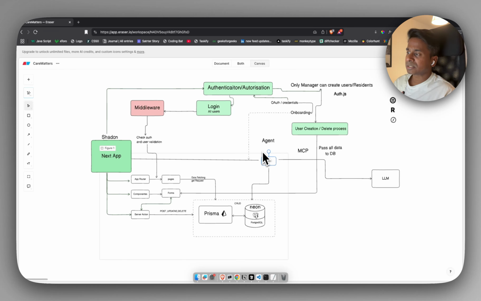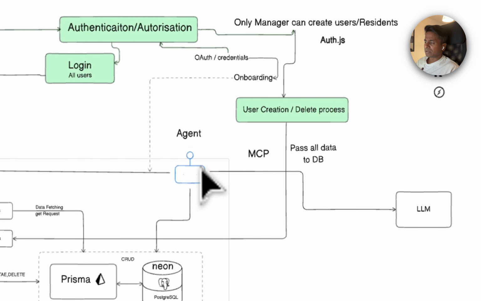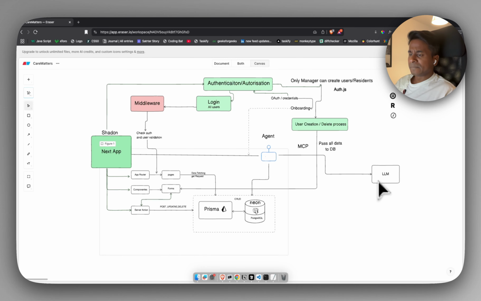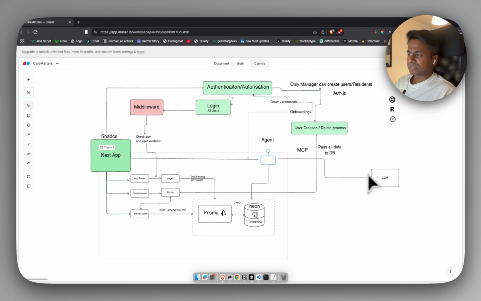With all this information, it is easy for the agent to predict any kind of sickness or fall prediction. We are using the MCP protocol to connect with the LLM, the OpenAI APIs. So this is the overall overview of the application, and some other important features.